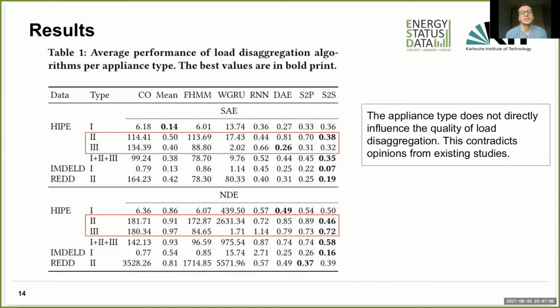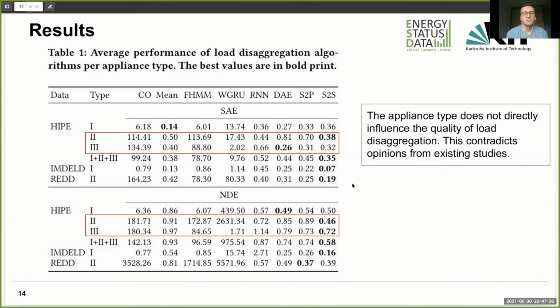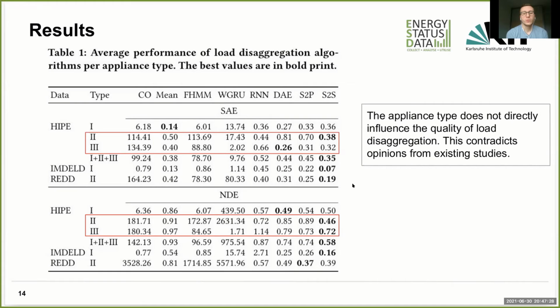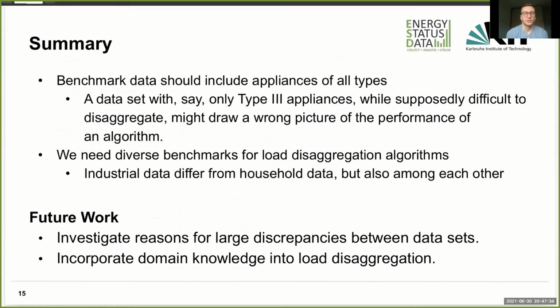Our results have shown that this is not the case, not for all algorithms especially. We can see that there are algorithms that have better performance on a type 3 device, which should be the harder one to disaggregate, than on a type 2 device. So this is a new observation. We did not expect this to happen. And now I would like to pass back to Florian.